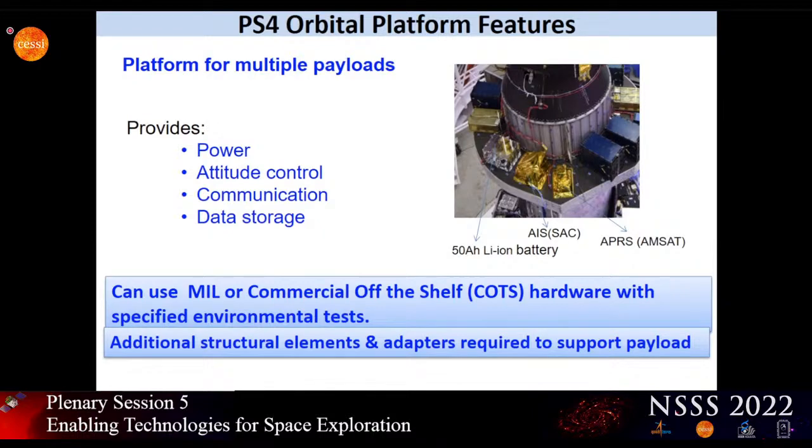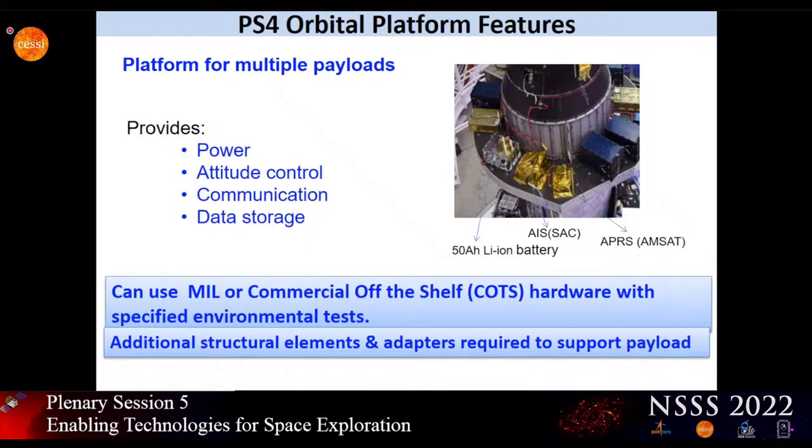The main advantage of the orbital platform, why it should be encouraged, is that either commercial off-the-shelf components, which we call commercial components, or mil grade can be used. Usually what is done is space grade, which is very costly, and several times you may not even be able to afford even one more component other than what is really intended.